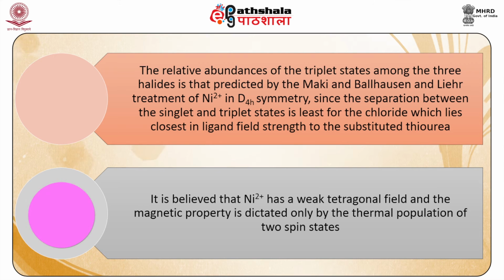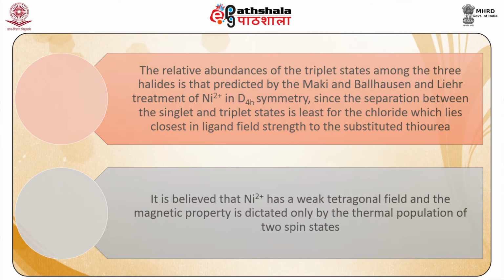It is believed that nickel 2 plus has a weak tetragonal field, and the magnetic property is dictated only by the thermal population of two spin states.